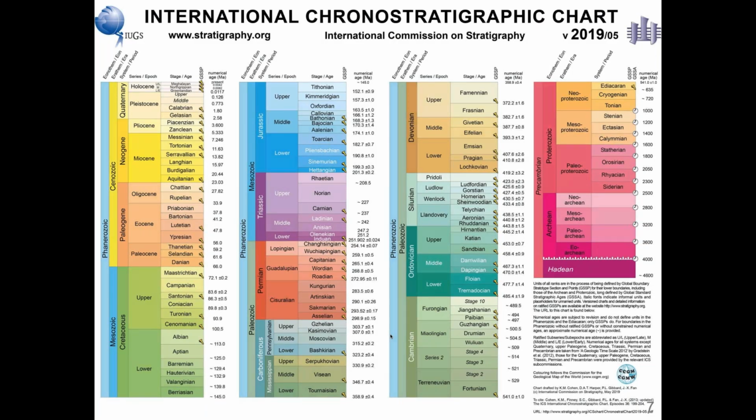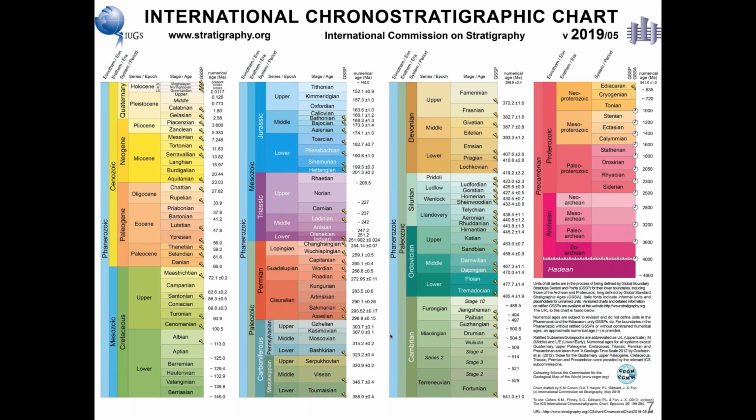But here we'll begin to introduce the challenge. Dr. Cox and his colleagues, after first building the ontologies or the group of ontologies, began to encode vocabularies for the International Chronostratigraphic Chart.